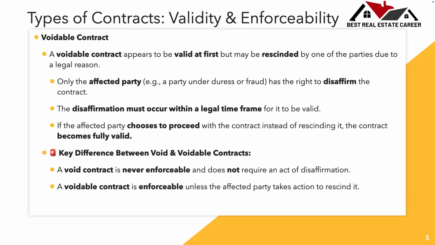Yet we go down through the process, and one party rescinds the contract for a legal reason. Now, here's the thing that we need to keep in mind. It's only the affected party. Only the affected party can void the contract.